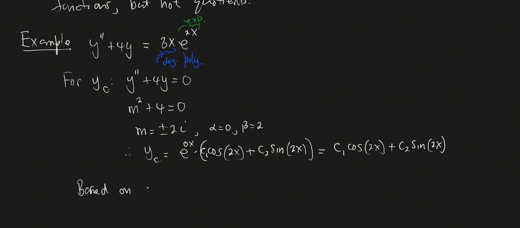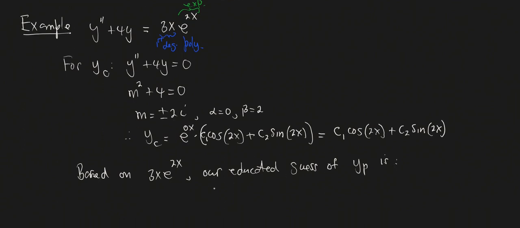So based on 3x e to the 2x, our educated guess for y sub p is this. So we're going to say that our y sub p would have to be of the form. So again, what does the general first degree polynomial look like?